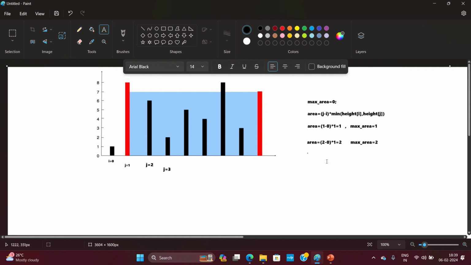So at the first pass, wherever we pass j, you observe one thing: 3 minus 0 into 1, so that is equal to 3, and max area, again it is of course greater than the previous max area, so it is 3.